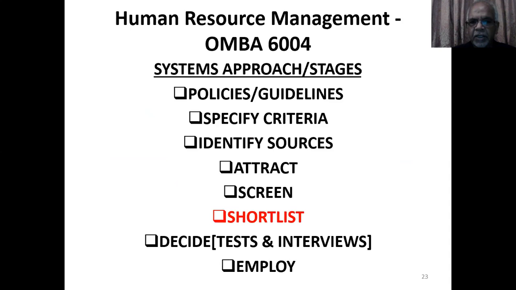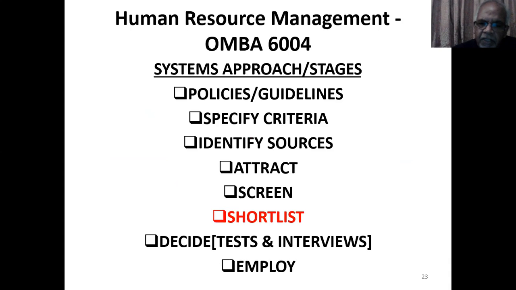Once we go through that stage, the next stage is the screening of applicants, the application forms or application blanks, as we call them. The information which is provided has to be screened, and if there is need for any additional information to be provided by the candidate, this has to be taken care of, and then we have the shortlisting stage.